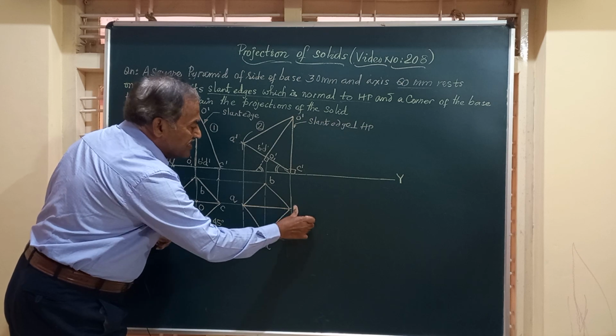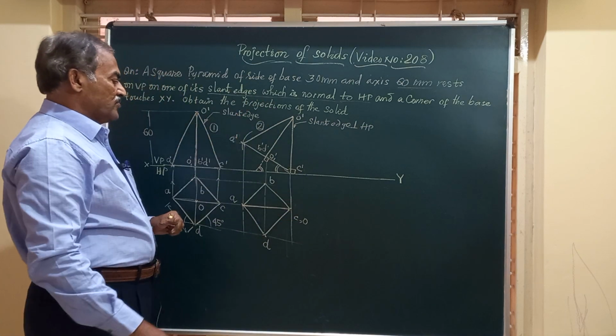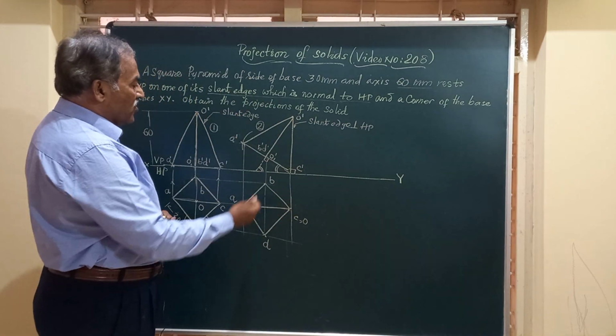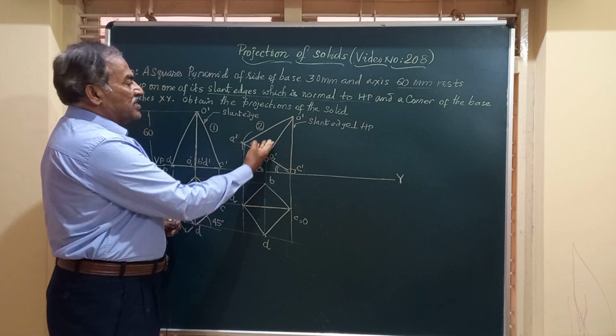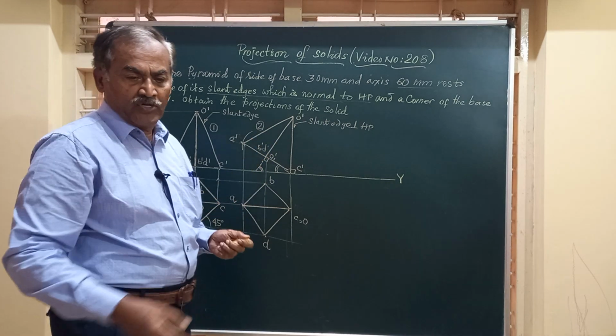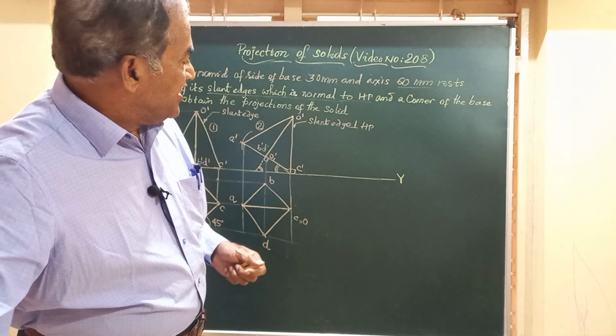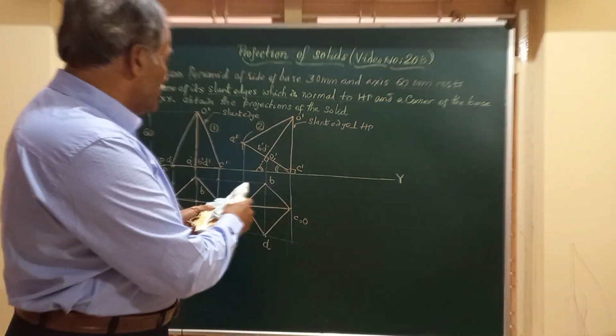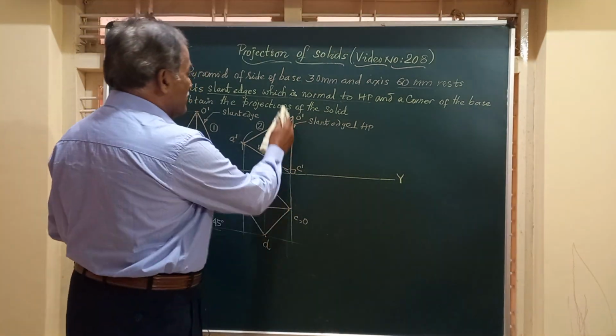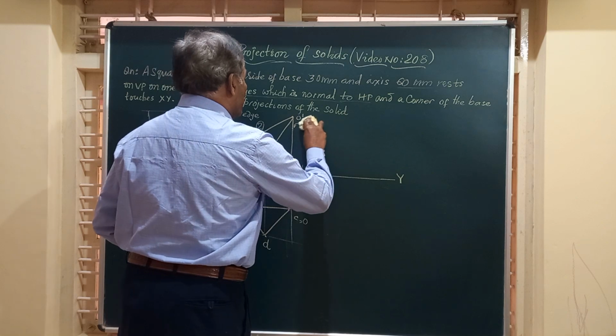OC appears as a point in the top view. Friends, you have got the top view corresponding to this front view in which the slanted OC is normal to HP.